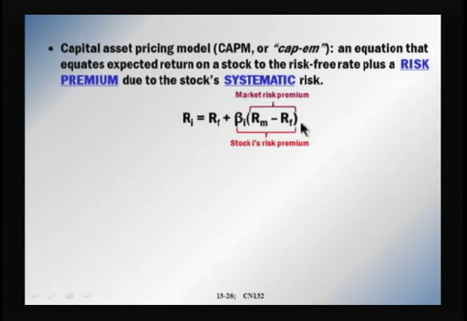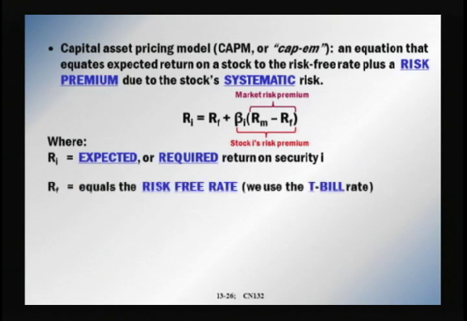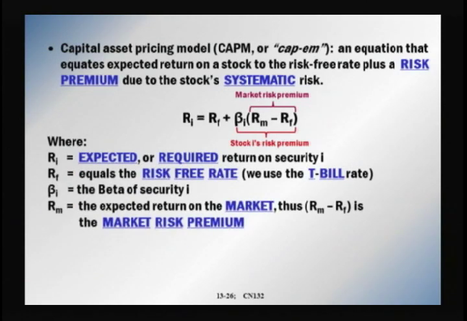We take that market risk premium and multiply it by the beta of stock I to produce stock I's risk premium, and that's what gets added onto the risk-free rate to produce that expected or required return for stock I. Again, what's in parentheses here is called the market risk premium. When it gets multiplied by the beta of stock I, that is stock I's risk premium, and that's what gets added onto the risk-free rate.